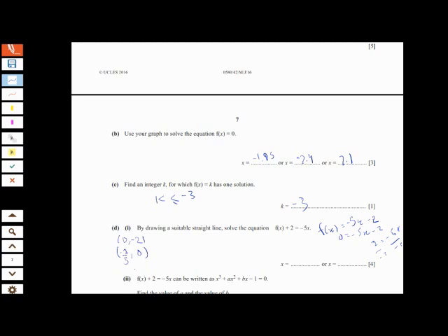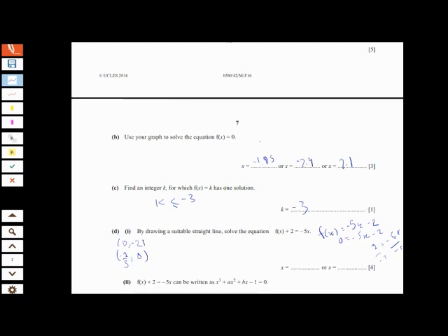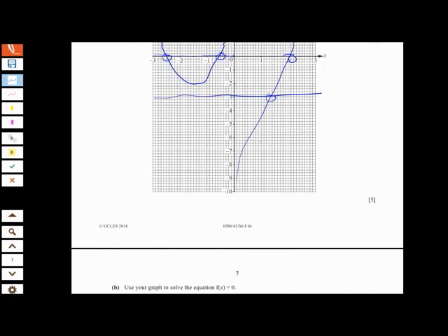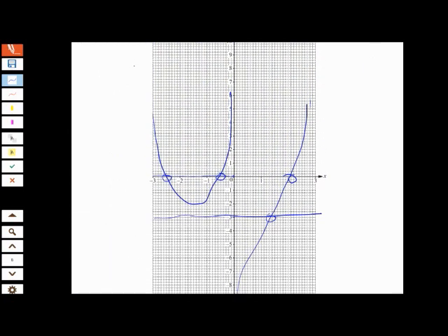These are the 2 points. So you go to where the graph is, and then you point them and you draw a straight line. The straight line will look something like this. This is the first point, and this is the second point. So it would look something like this. Bear with me.